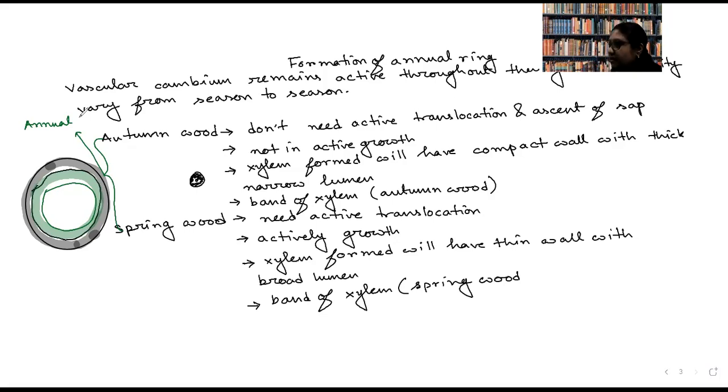That will be due to autumn wood. And the other one where the lumen is very deep, cells are very thin walled, that is called spring wood.